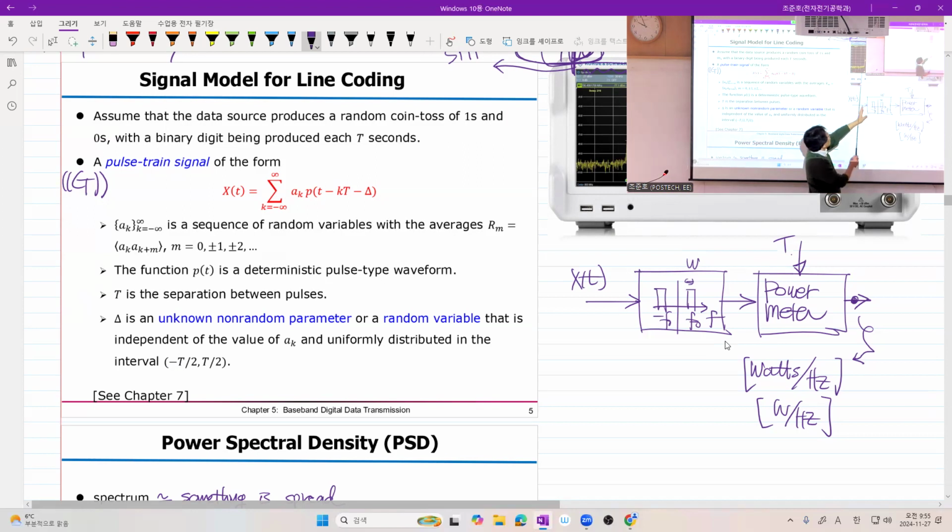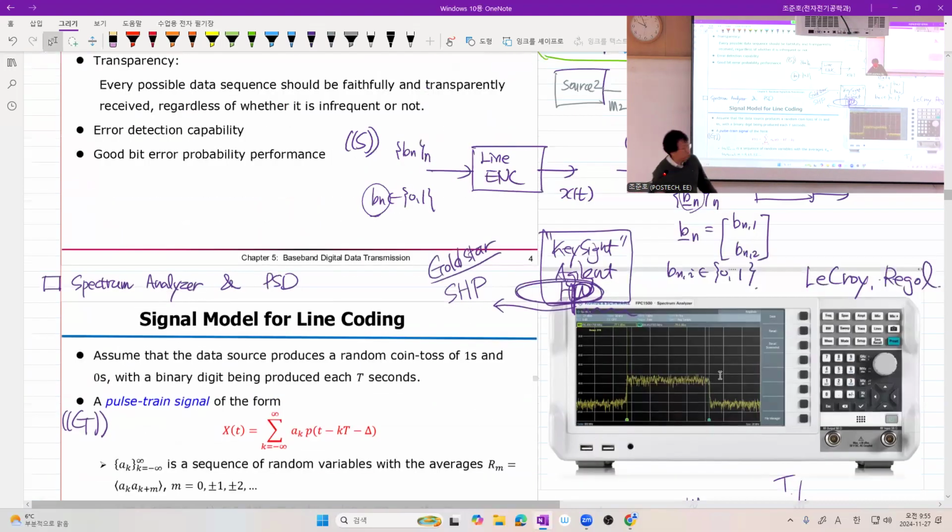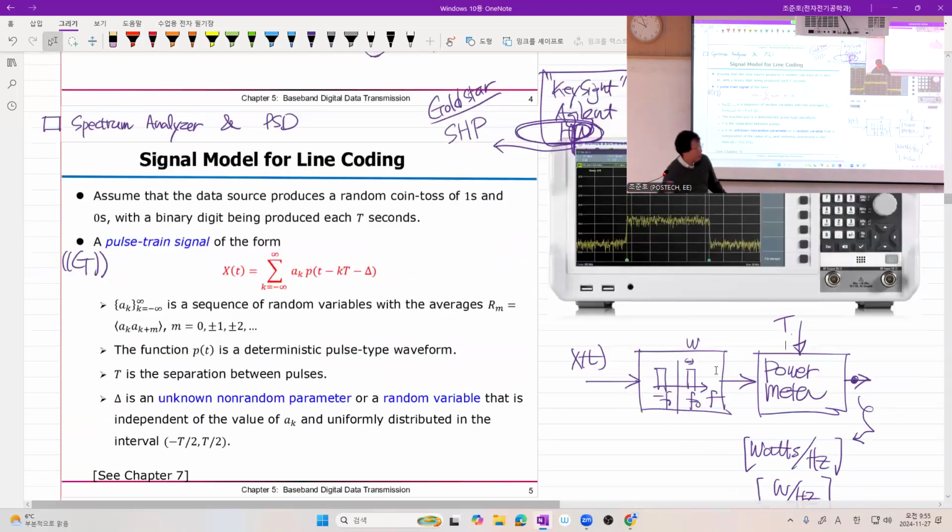So if you apply an RF signal, what this equipment does is that, depending on your preset, you have input here. It changes the width of this passband filter and this range of F0. So actually it sweeps slowly to measure. And also this power meter duration is given.